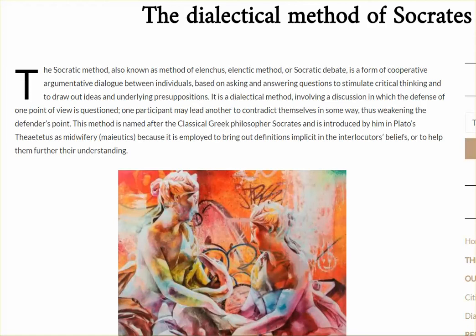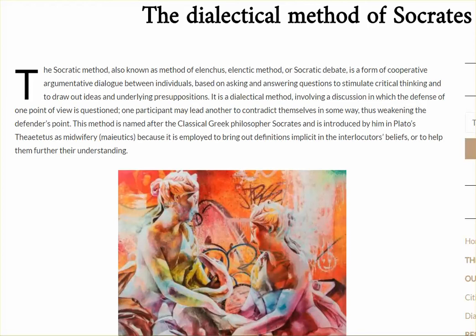It is a form of discussion in which the defense of one point of view is questioned. One participant may lead another to contradict themselves in some way, thus weakening the defender's point.